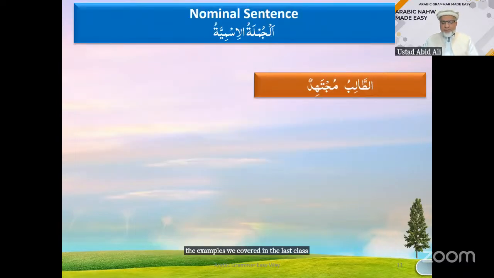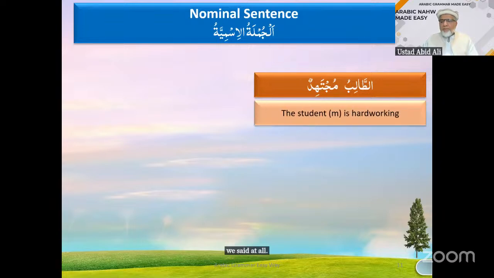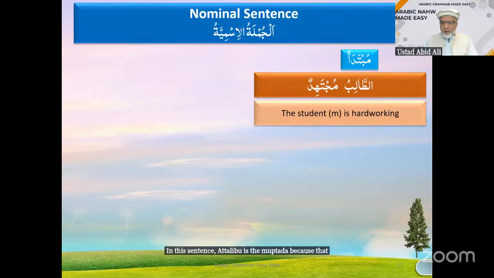We said At-talibu mujtahidun. The student, the male student, is hardworking. In this sentence, At-talibu is the mubtada because that's the starting noun and it is the subject. And the predicate, the khabar, is that this student is hardworking.